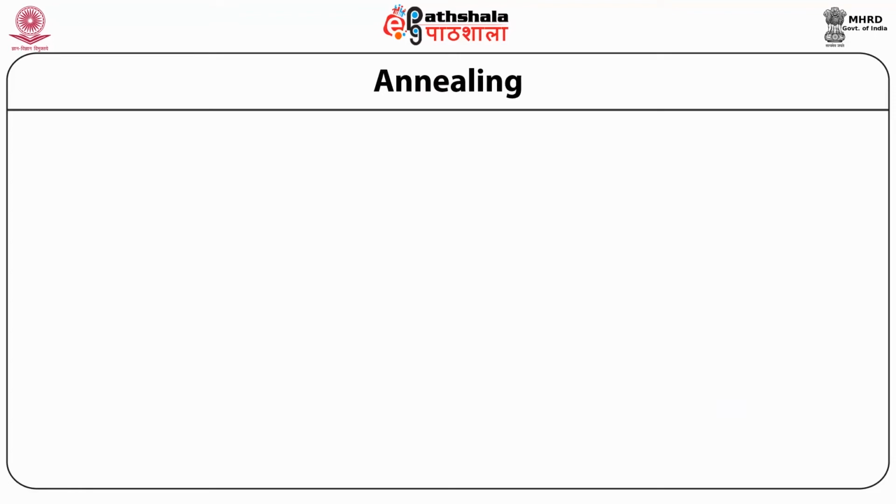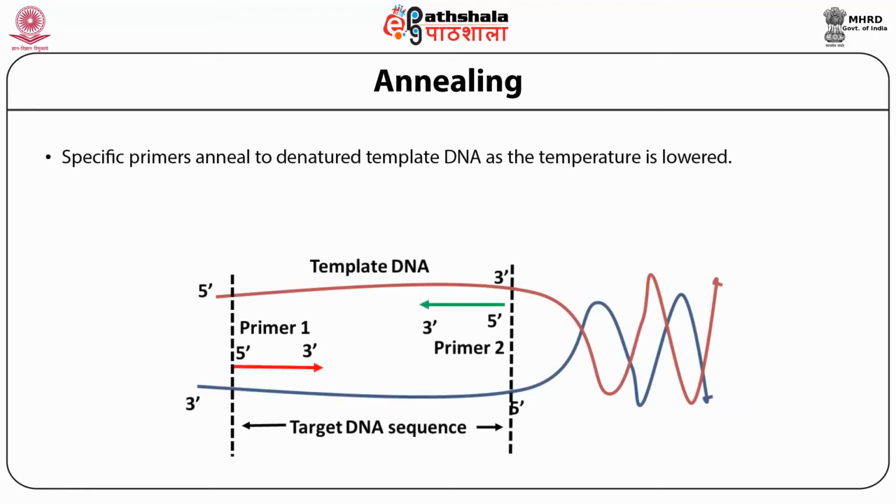In the next step, gradually the temperature of the reaction is lowered to around 50 to 65 degrees centigrade for 15 to 60 seconds, which allows the DNA molecules to re-anneal.